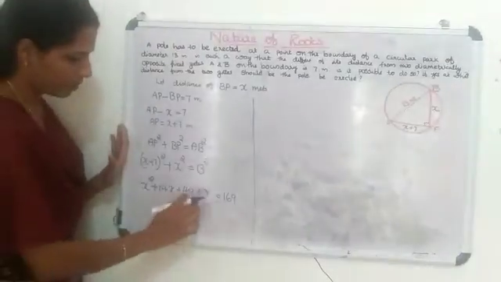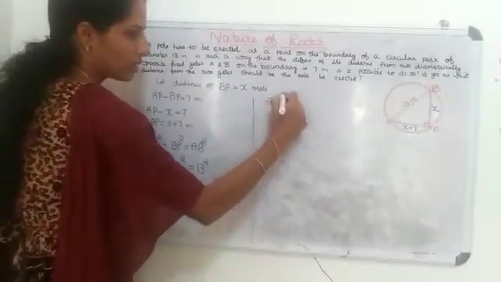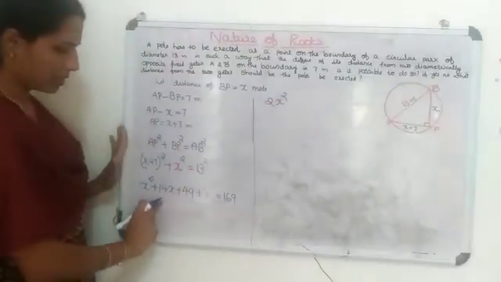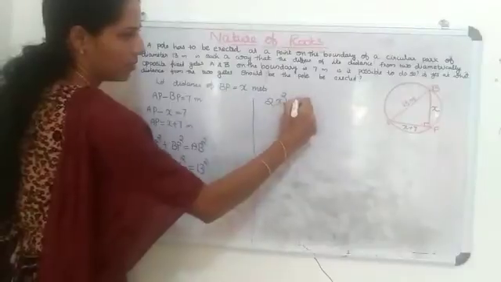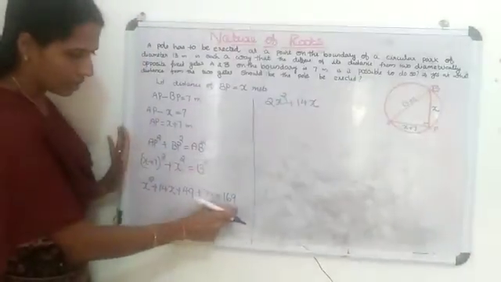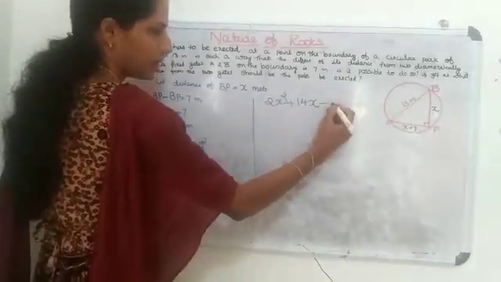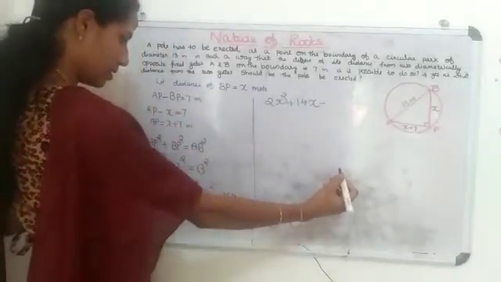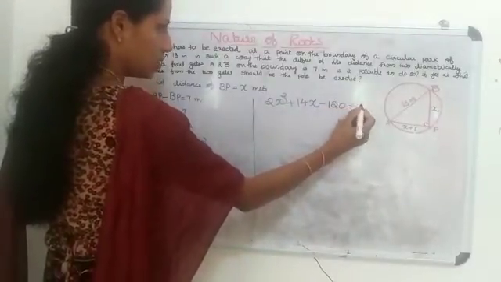From this, x square and x square is 2x square plus 14x plus 49, and taking the 169 this side, it will become minus 120 equal to 0.